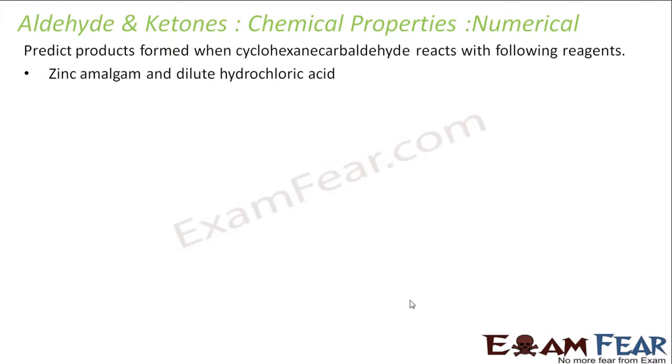You have to again predict the output when these two react with cyclohexane carbaldehyde. Let's take the first one, the zinc amalgam and dilute HCl. This is pretty easy. I have CHO, and they react with zinc amalgam and HCl.